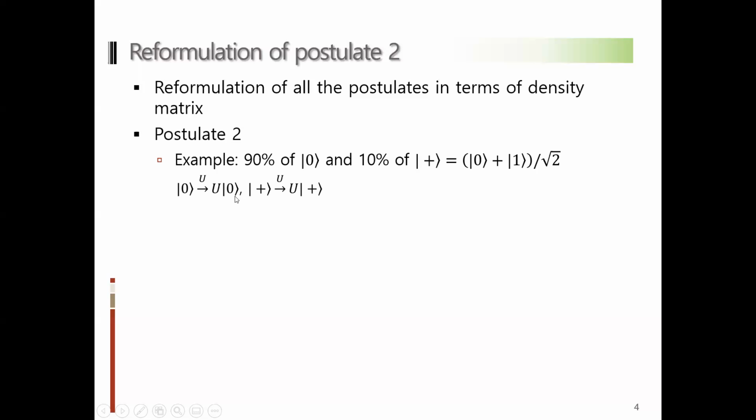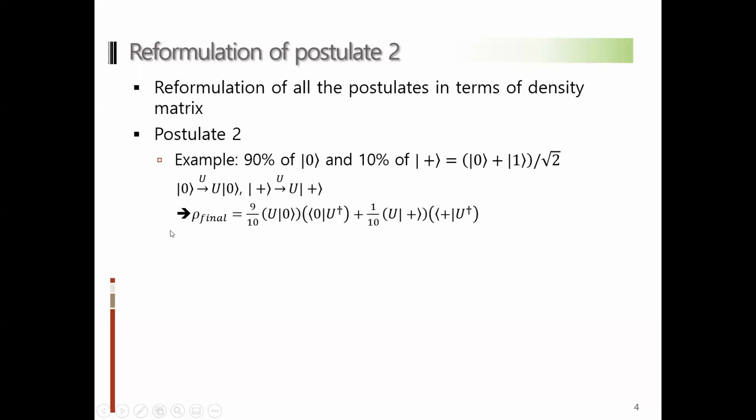So it turns out that at the end of the evolution, the probability that we will have this state will still be 90%, while the probability to have this final state will be only 10%.